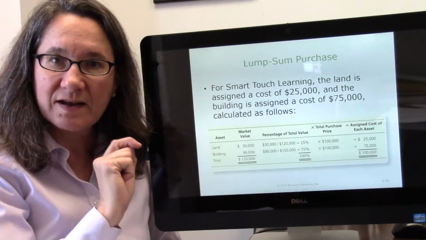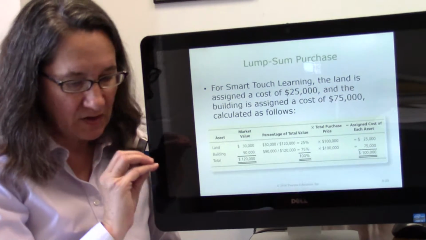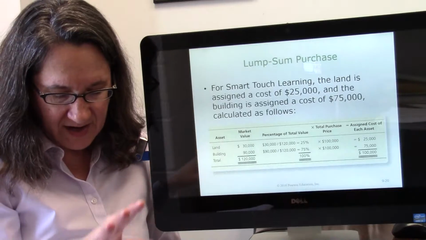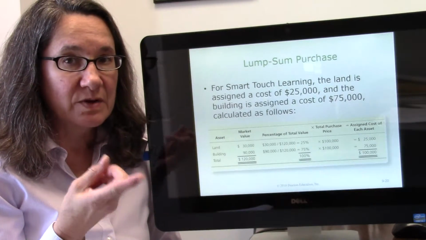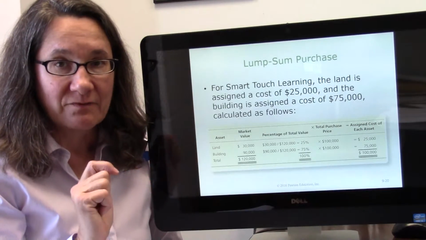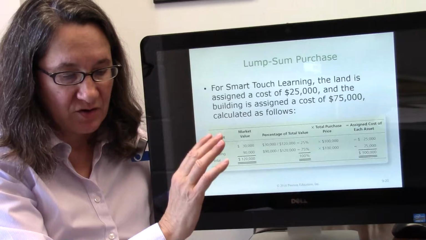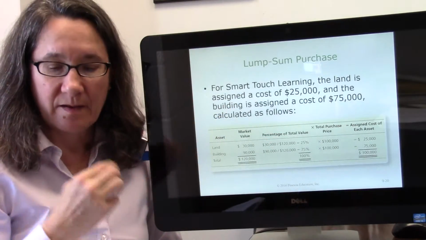We were only putting what it cost. So it cost us 25 and the building cost us 75. So we're allocating that based on its market value, but we're only putting on the books what we paid for it, right? So we have to figure that out, use the market value, find the ratios, and apply those same ratios to what we paid.